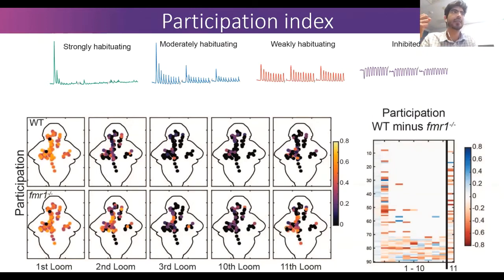So it seems that their network is a bit less stable. Habituation and the recovery point follow a similar trend, but the connectivity will be more unstable and promiscuous, if you want to say so.